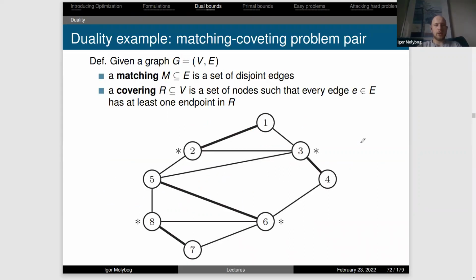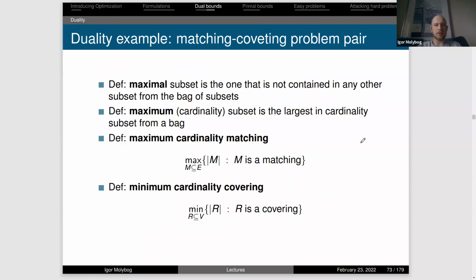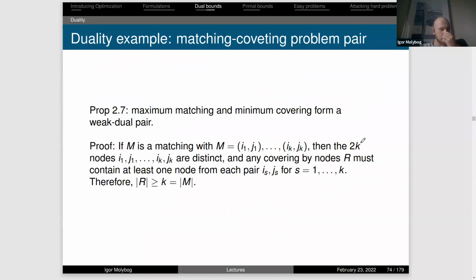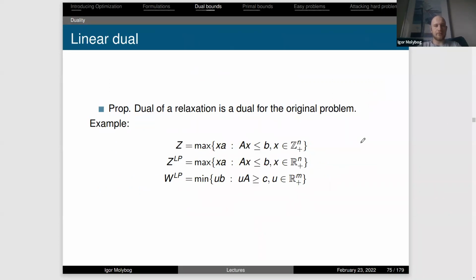Okay, so we have gone over the example of duality, the matching covering problem pair. So you already know how to show that a pair of problems is a primal dual pair, and it is possible that there will be a problem like that on the exam.